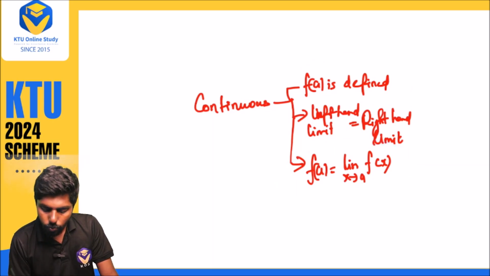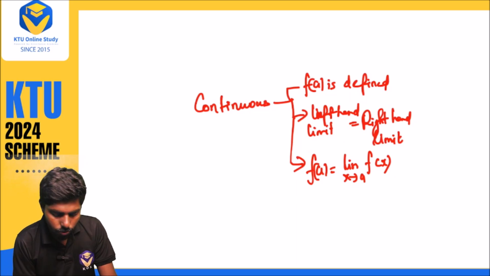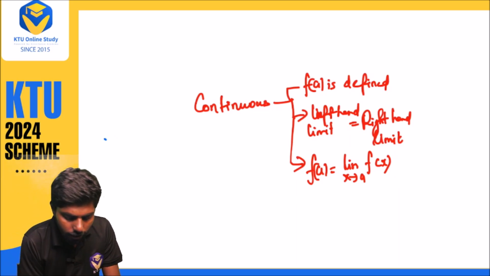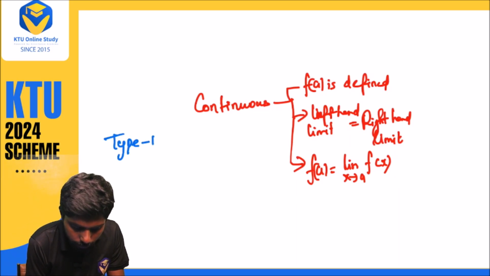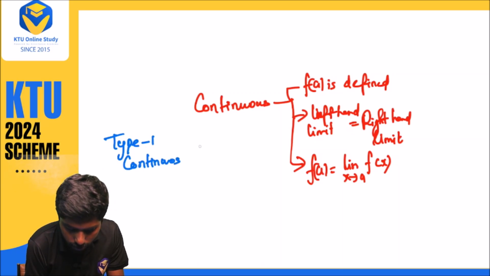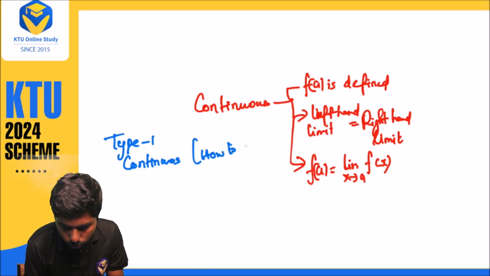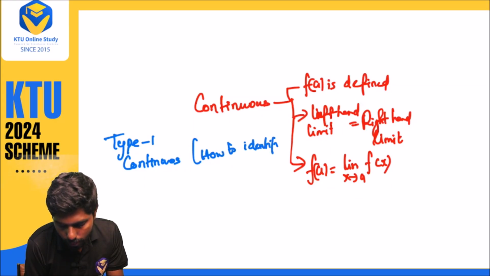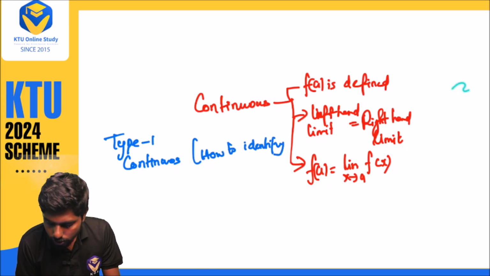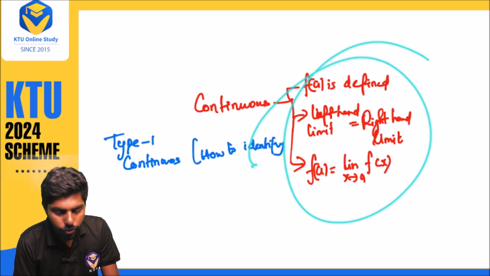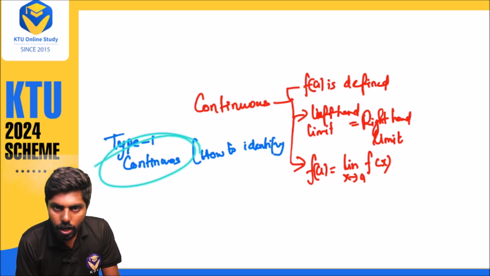Then what types of sums have we seen today? Type number 1 is how to identify continuity. Using these three conditions, you can say whether it is continuous or not continuous.